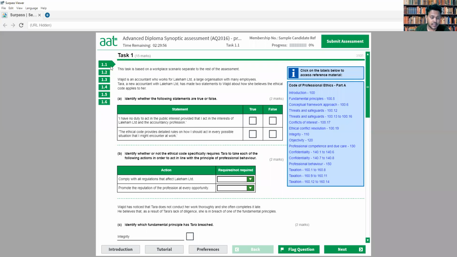You can see we have 6 tasks, just 1, 2, 3, 4, 5, 6, and every single task has a separate marking. So we can see we have 15 marks for question number 1, and there are a few ethics questions or scenario or information here. That is kind of supplementary material for you to read and get the right answer.